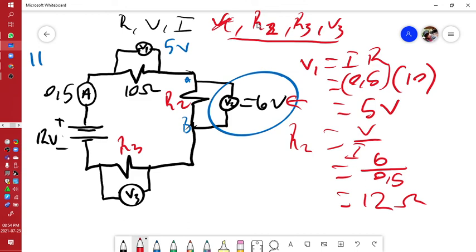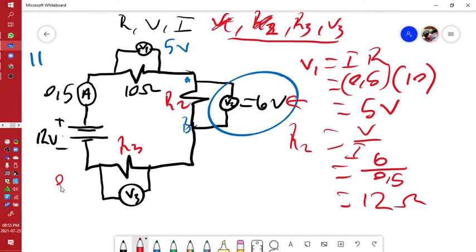Now we want R3 and V3. Here we don't know anything, but what we know is that there is 0.5 amperes passing through.